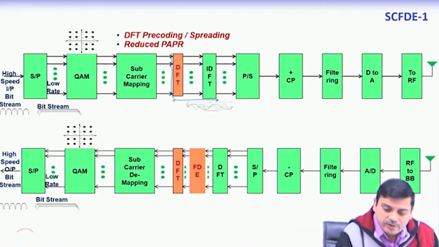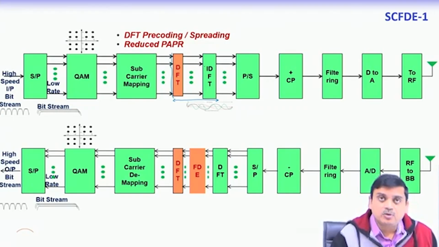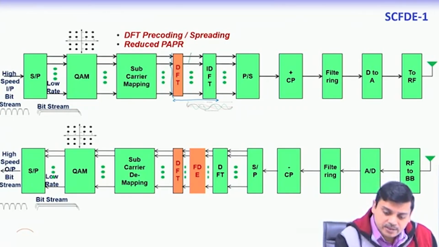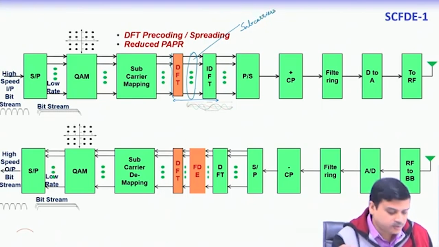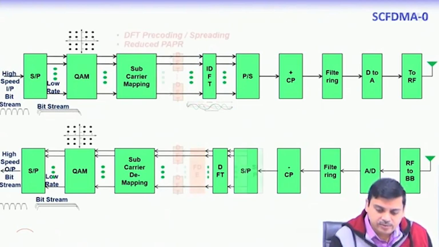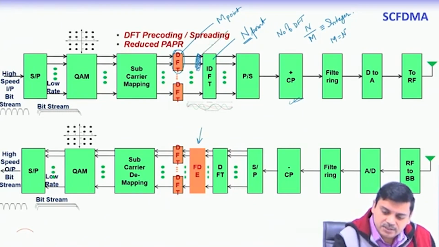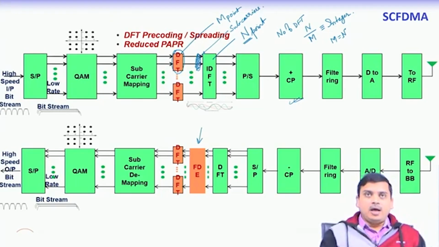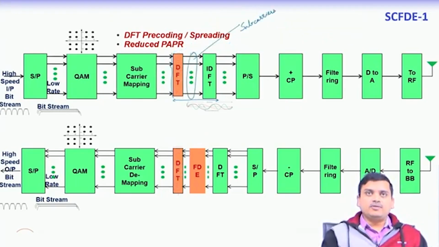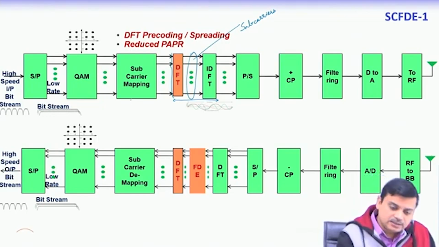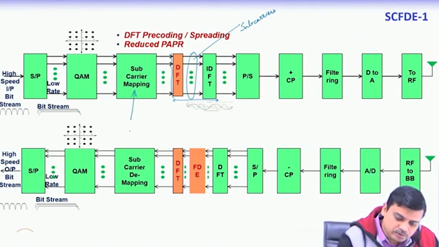Since the DFT followed by IDFT cancels out, the notion of subcarriers goes away, because subcarriers are present over here. Here we have subcarriers. And if we go back here, the subcarriers are still present over here. Now if we stretch it, the notion of subcarriers would go away, and hence this subcarrier mapping would also not be required any further.